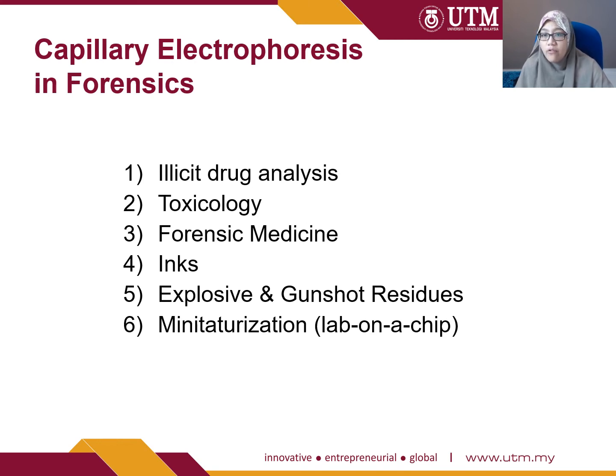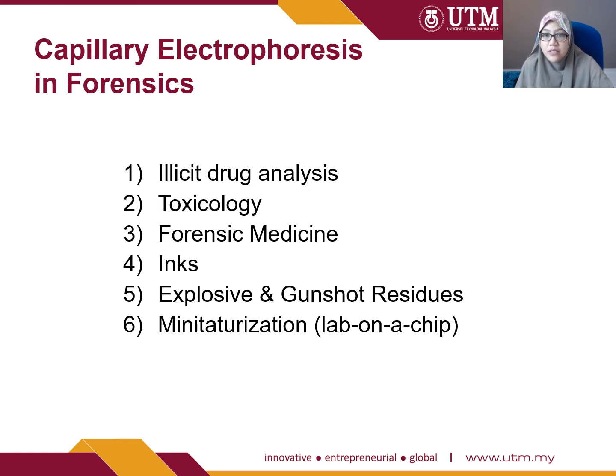And one of the uses in toxicology is in toxins and venom, whereby toxins and venom are usually very complex and unstable polypeptides. So for this type of analyte, we cannot use GC or HPLC because it's not temperature stable, right?